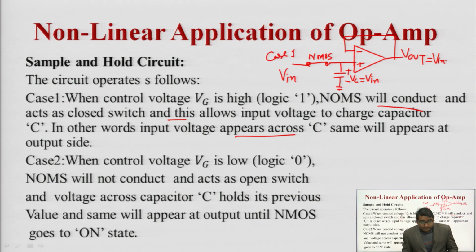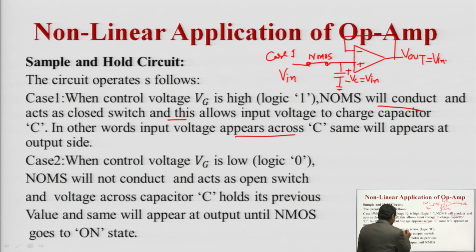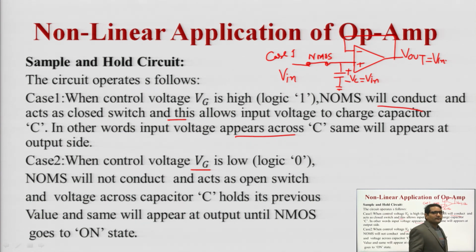Now, case 2. For case 2, when the control voltage Vg is low, either logic 0, we know that the NMOS is off for logic 0, it will not conduct and acts as an open switch, and the voltage across capacitor C holds its previous value and the same will appear at the output until the NMOS goes to the on state.